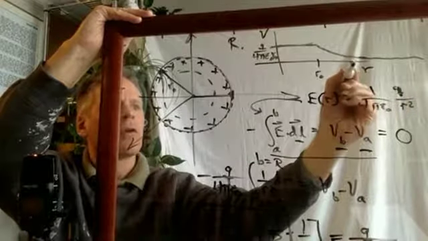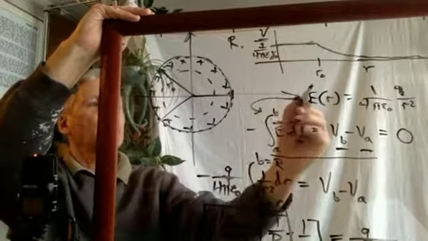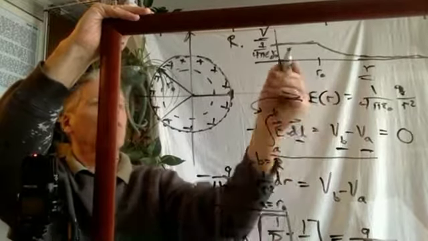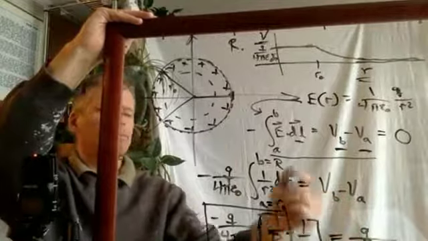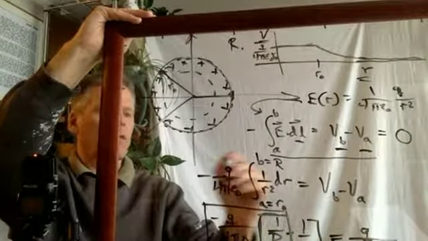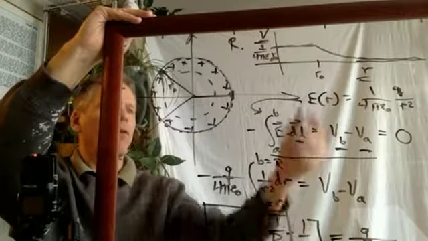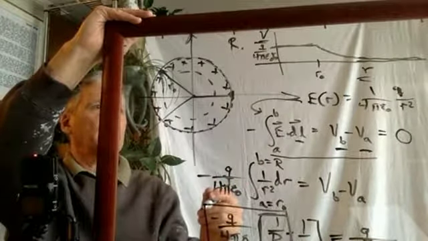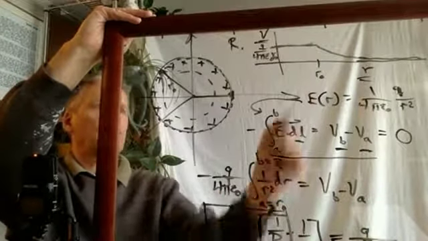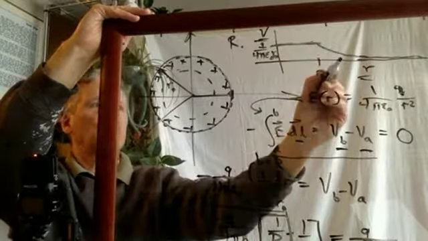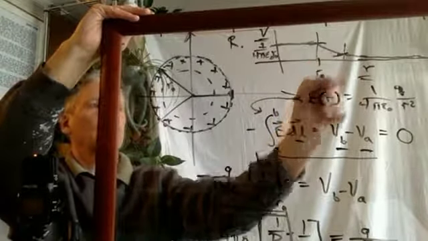And so we have our electric potential as a function of distance going like this. So there you go. This was right at R0, but you now know how to calculate the potential difference between any points from here to here.